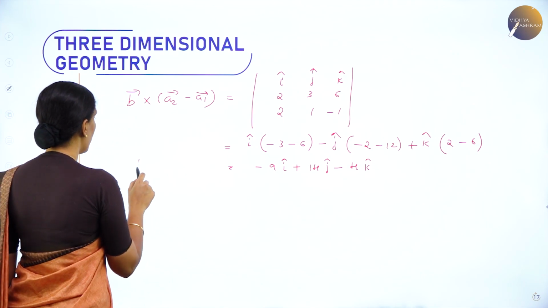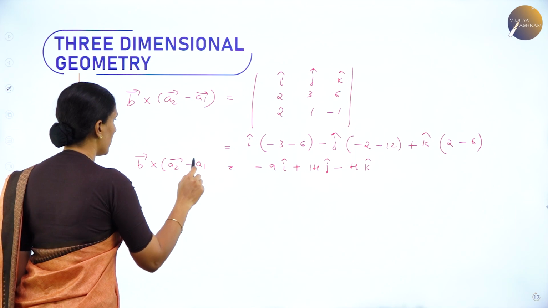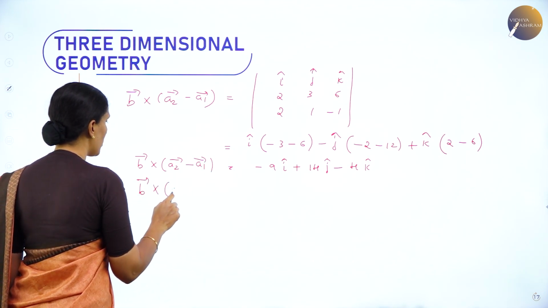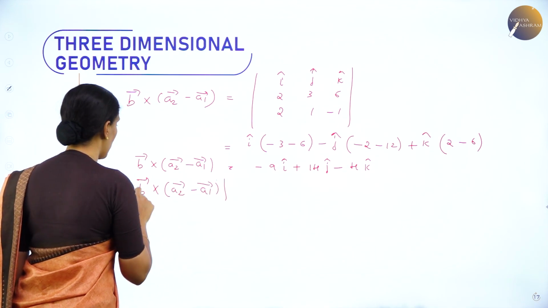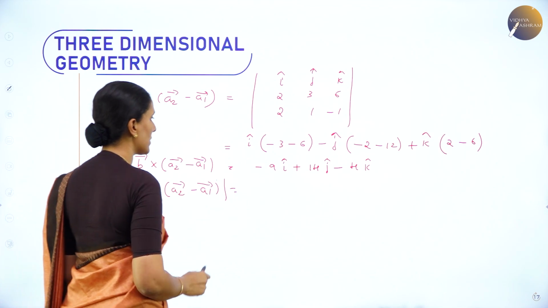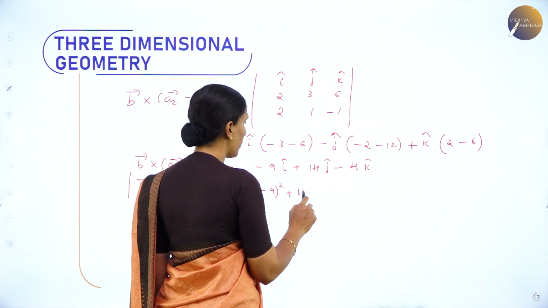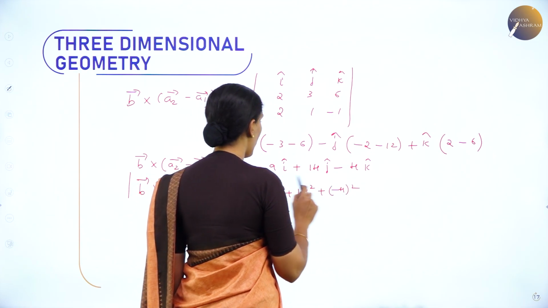Now we have B cross A2 minus A1. Now we need to take the magnitude of B cross A2 minus A1 because it is a vector. So we need the magnitude of this, which is minus 9 whole square plus 14 square plus minus 4 whole square under the square root.